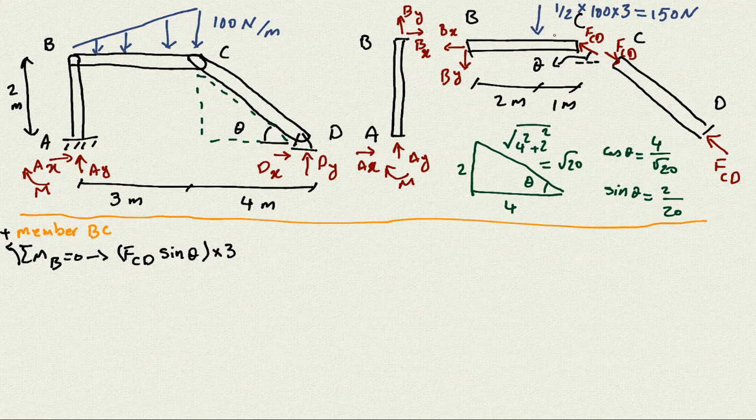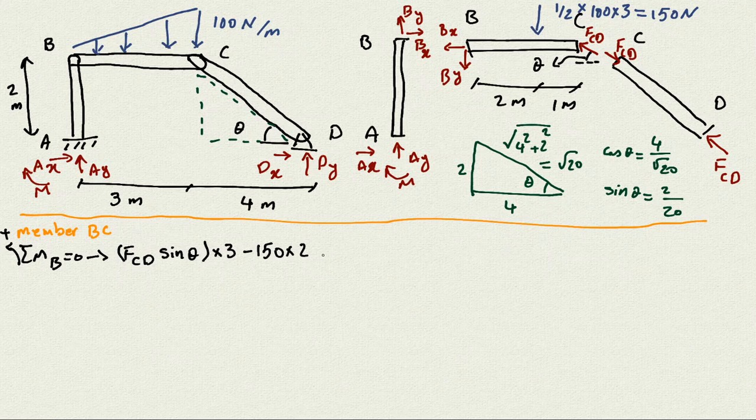The other force we have here is this 150 Newton, and the normal distance between this force and point B is 2 meters, so it's times 2. And if you look at it, about point B, it's going to rotate the beam clockwise, so it's going to be negative.